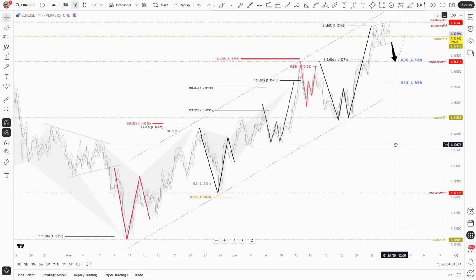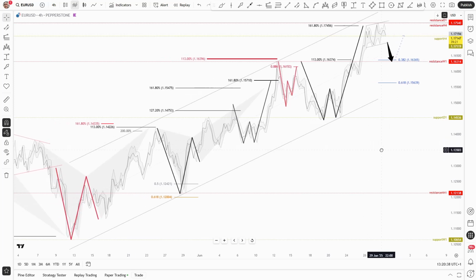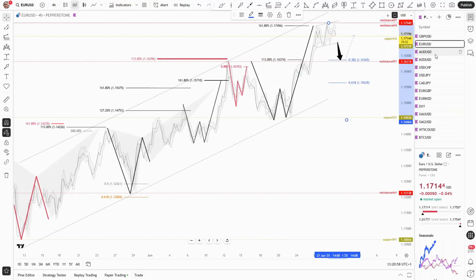We have also euro versus the dollar. I shared this pattern before on Twitter and also at Forex Analytix, of course. Bearish crab pattern completed at 117.45, implying a potential pullback or a retracement back to the 38% Fibonacci level, the default target for that pattern, which lies at 116.36 for the fiber.